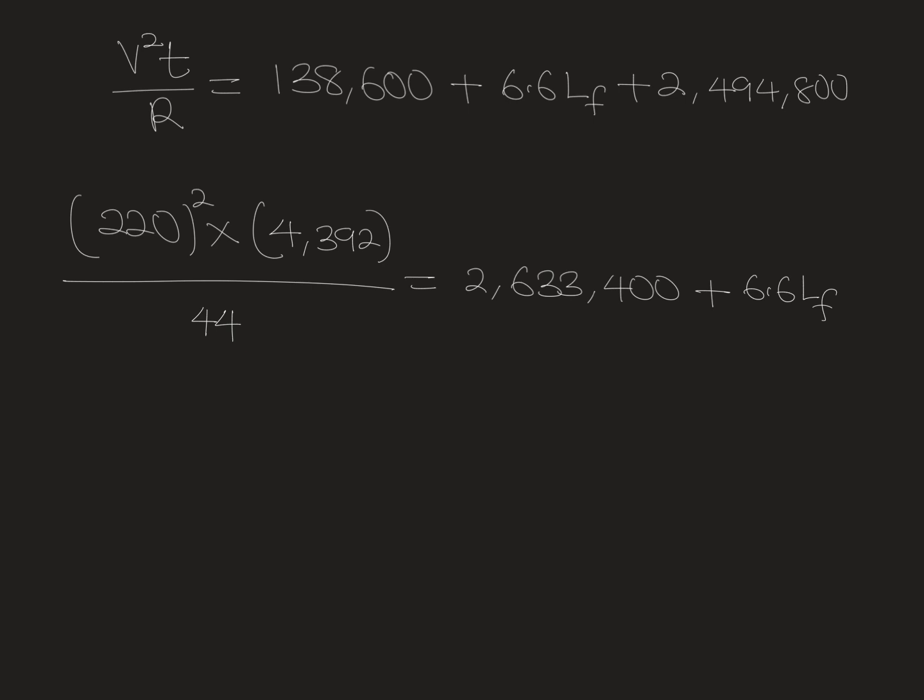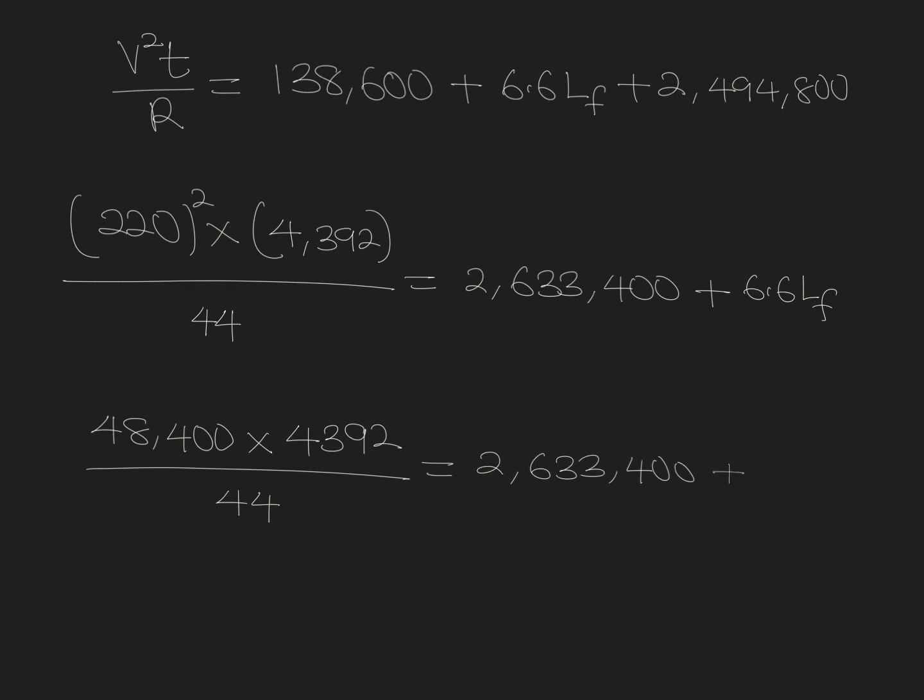So 220 squared is 48,400. Multiply this by 4,392 divided by 44. So this is equal to 2,633,400 plus 6.6 LF.